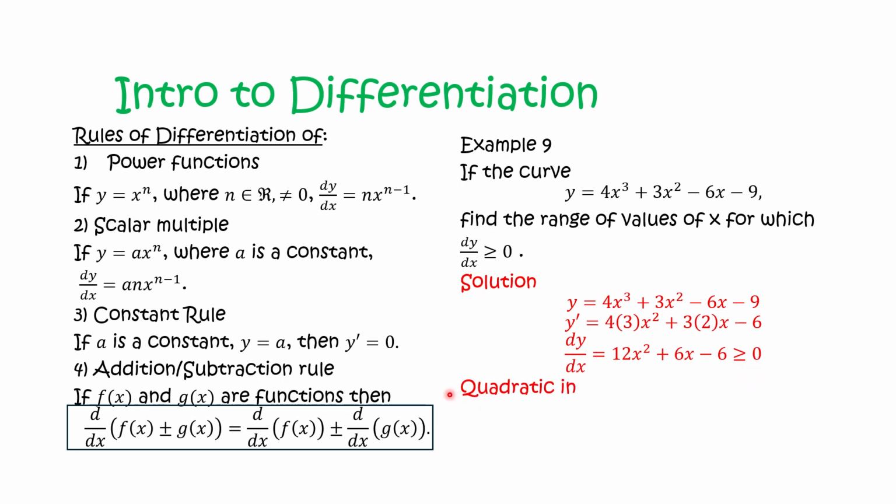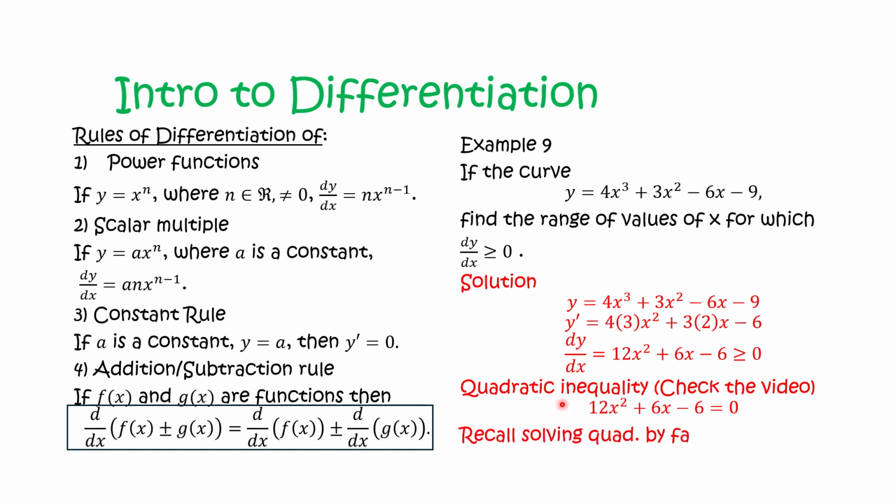The next thing is to solve this inequality, but remember from the quadratic inequality videos, and I encourage you to check it out because we are not going to cover this one in great detail in this video. So now we set the inequality to be equal to, so we have 12x squared plus 6x minus 6 is equal to 0.